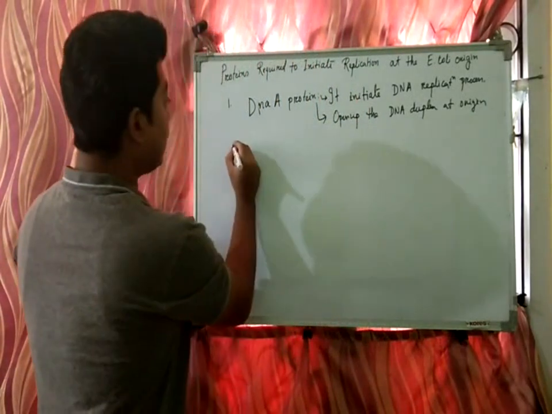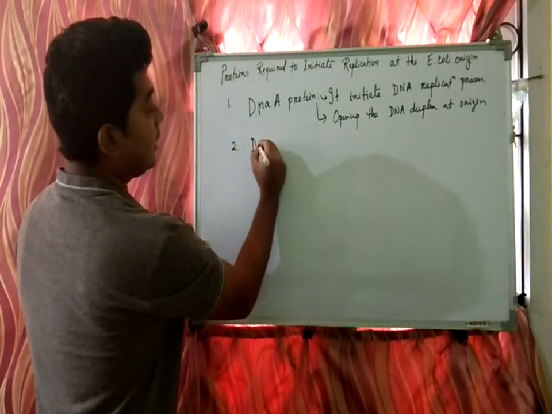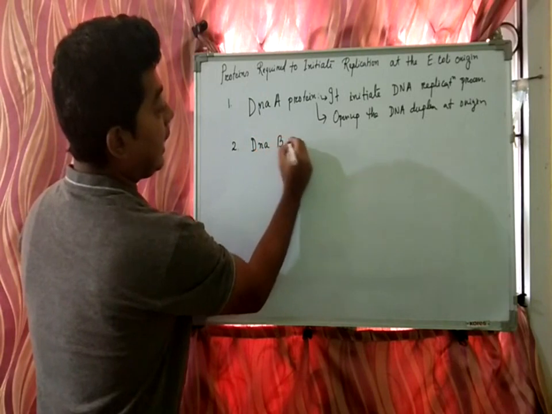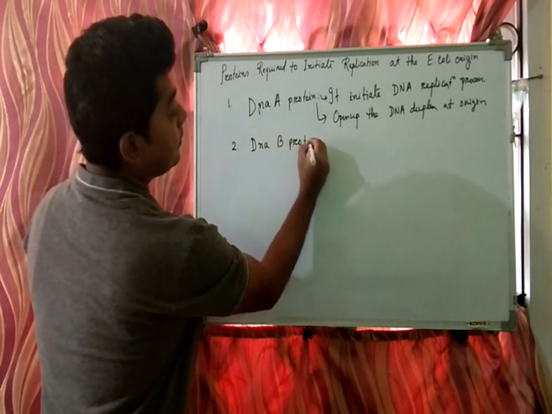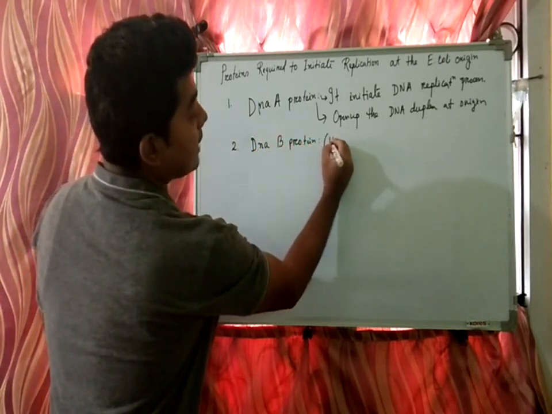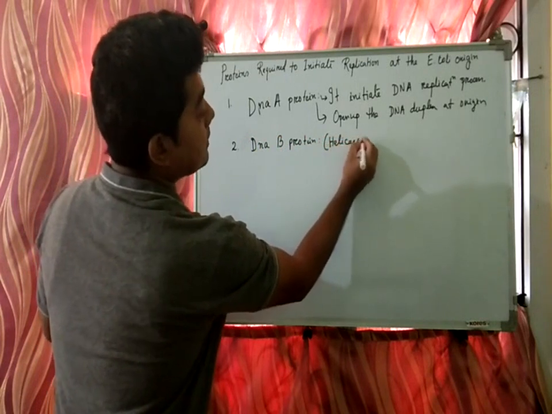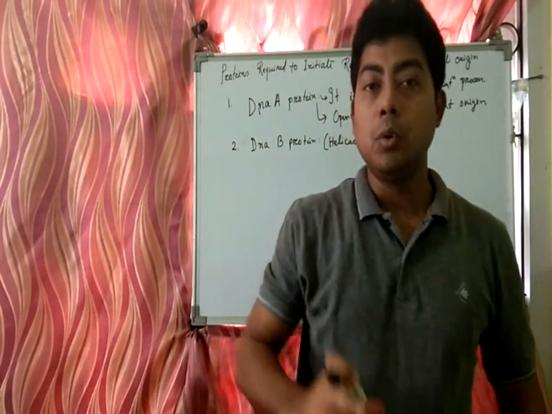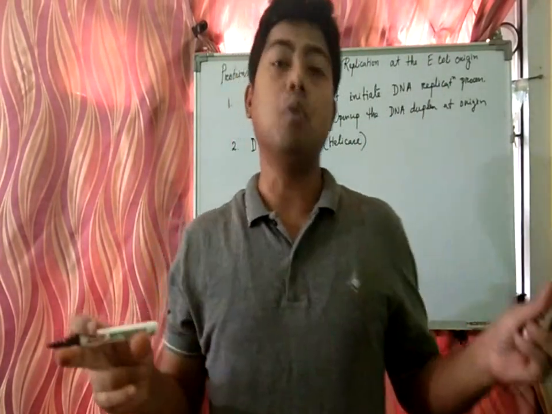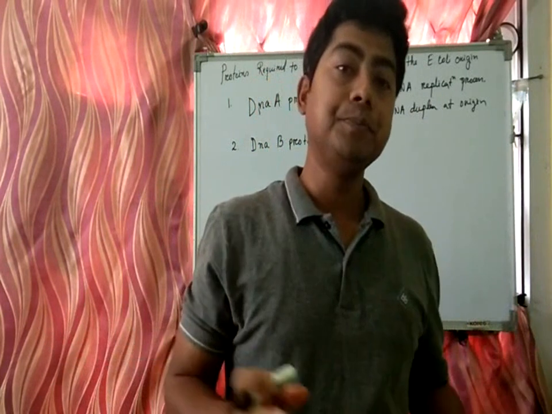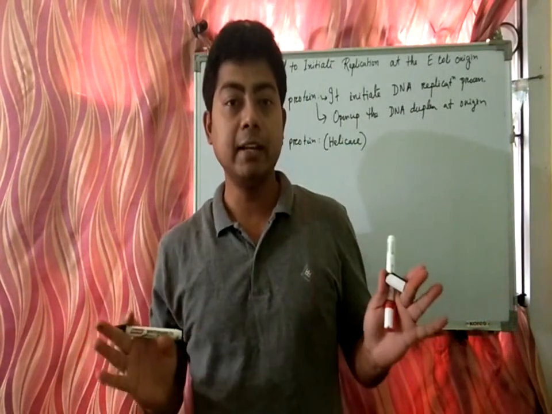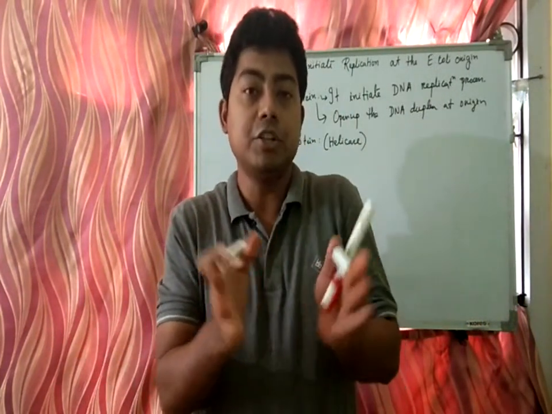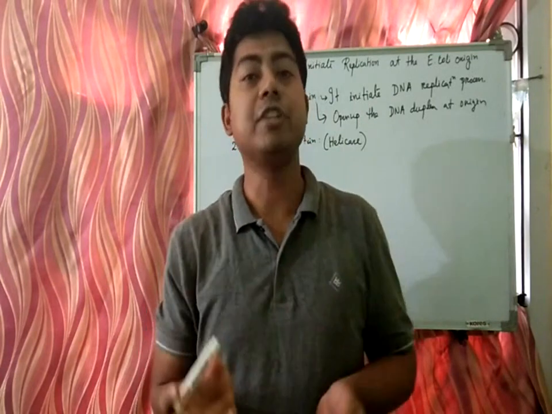Now, come to another important protein, that is DNA B protein. This is also called helicase. Helicase is the enzyme which can break the hydrogen bonds, because we already know DNA is a double-stranded molecule. These two strands are joined with the help of hydrogen bonds.